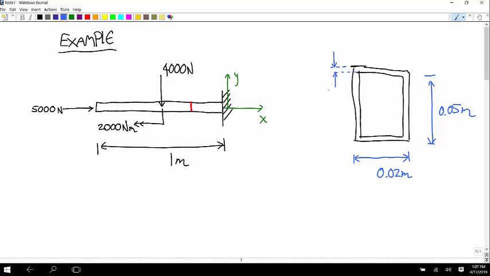Let's say that thickness is 3 millimeters. If this is the neutral axis, we want to calculate the stress at this point A, halfway between the neutral axis and the top. I'll call that point A to help you with your bearings. That's the y-axis. This is the z-axis.